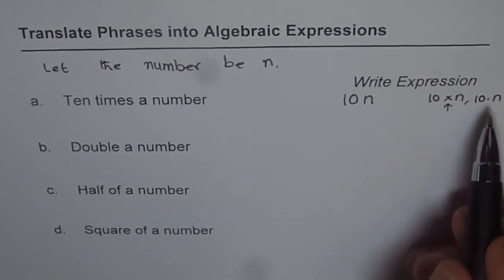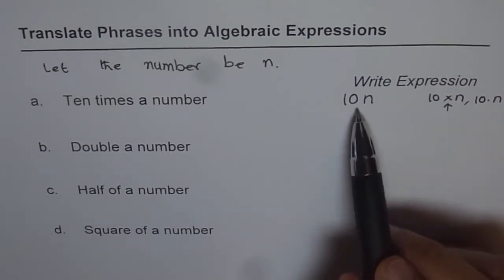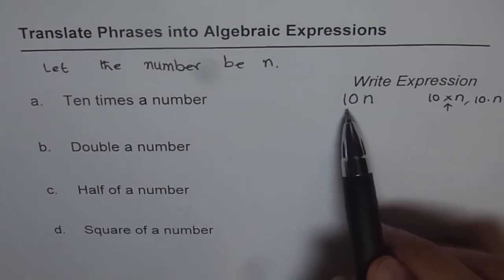But we'll avoid that also because in decimal numbers it can create confusion. So when there is no operator in between, then it means multiplication. Okay, so 10n is good enough, and we will follow this technique or nomenclature. So we'll use 10n and it will mean 10 times n.